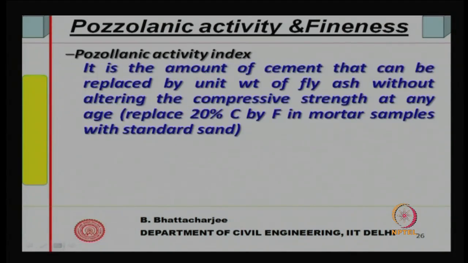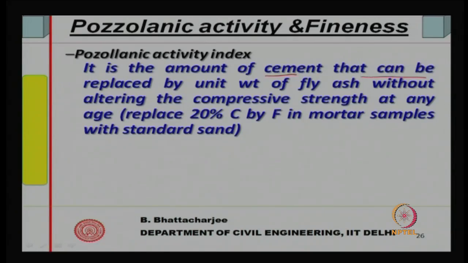Pozzolanic activity index is one of the indices. Like lime reactivity, it is in a way pozzolanic activity, because we tested cubes and the strength is measured, and lime reactivity tells us about the strength potential of the pozzolana if you mix it with lime. So, that is in a way an indicator of pozzolanic activity, but pozzolanic activity index is defined in a specific manner.